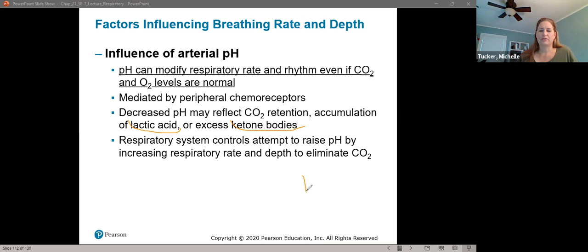A low pH is an increase in hydrogen ions, and it will drive ventilation rates to reestablish that acid-base balance. So again, we're going to talk more about acid-base balance and pH and even the role of CO2 in that in about 2 weeks. We're coming up on it.